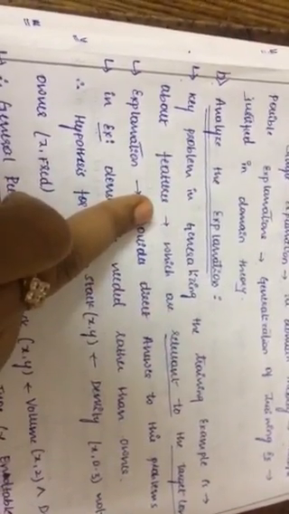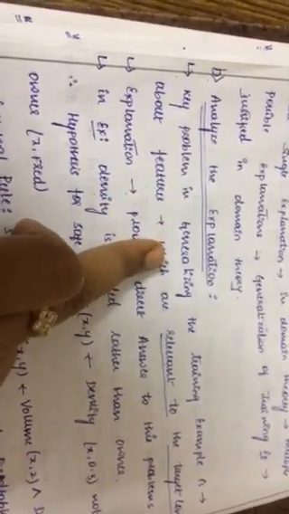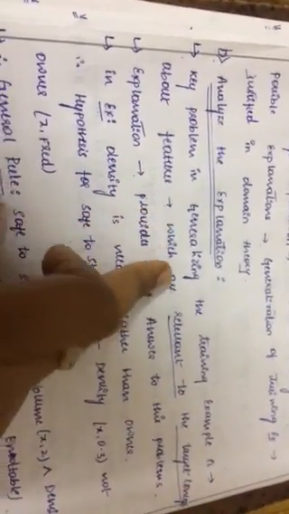So the key problem is deciding which feature is relevant and which feature is irrelevant to our target concept. Now the explanation constructed by the learner provides a direct answer to this question. An explanation gives a direct answer to this question.